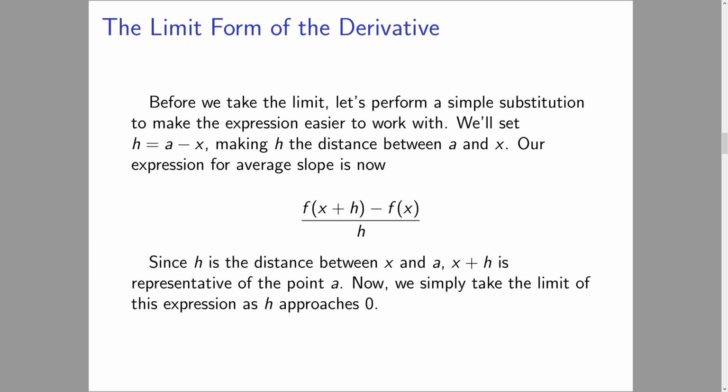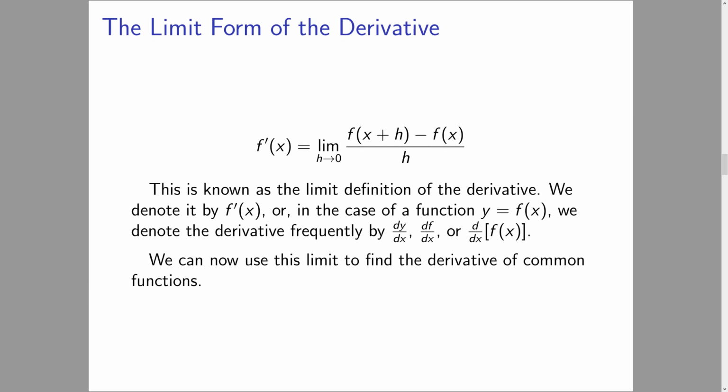Limits typically take the form of having some variable approach a given value, where in this case we have h approach 0, because as our x's get arbitrarily close, the secant line will closely resemble a tangent line at a given point x. So the limit form of differentiation tells us that f prime of x is equivalent to the limit as h approaches 0 of f(x plus h) minus f(x), all divided by h.